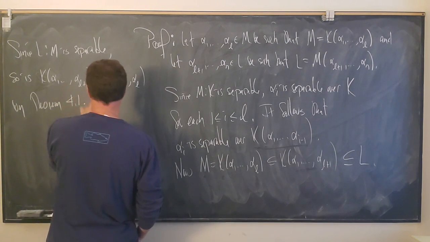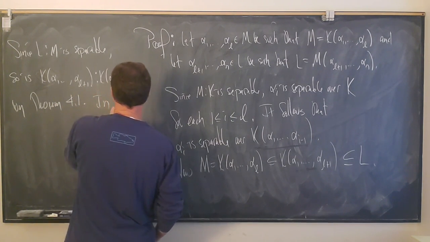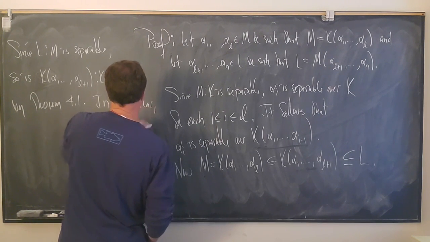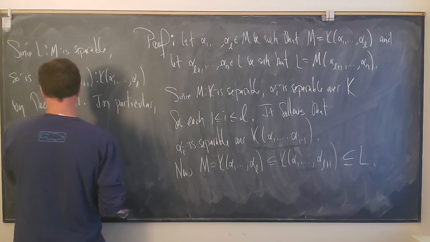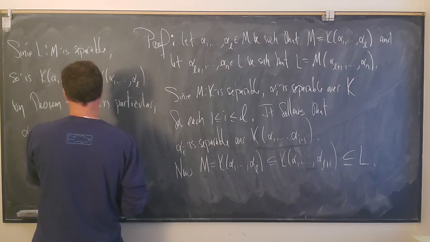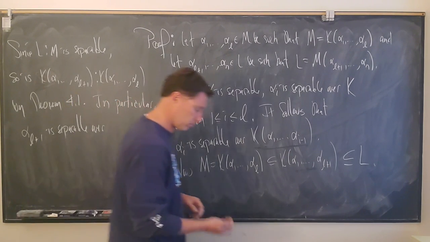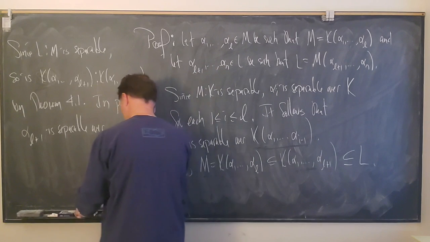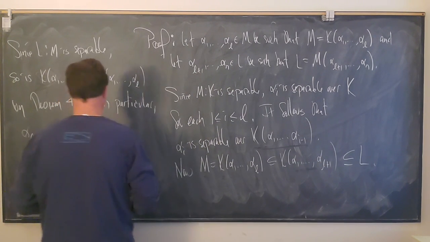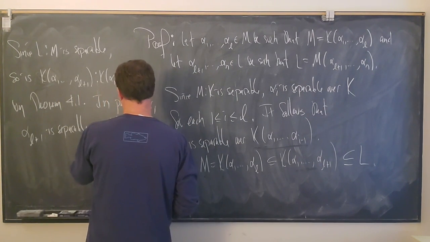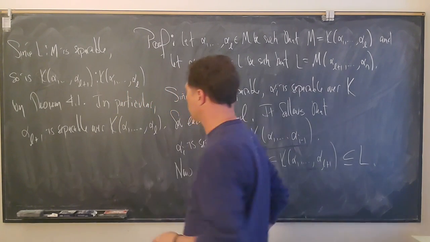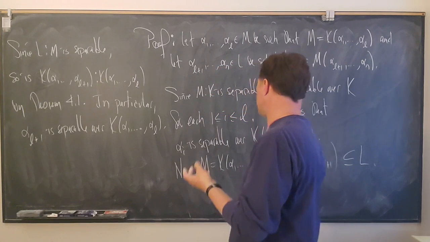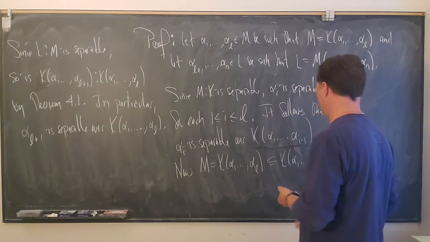In particular, that tells us that alpha l plus 1 is separable over K adjoin alpha 1 up through alpha l. And then you can keep doing this process one by one, right?